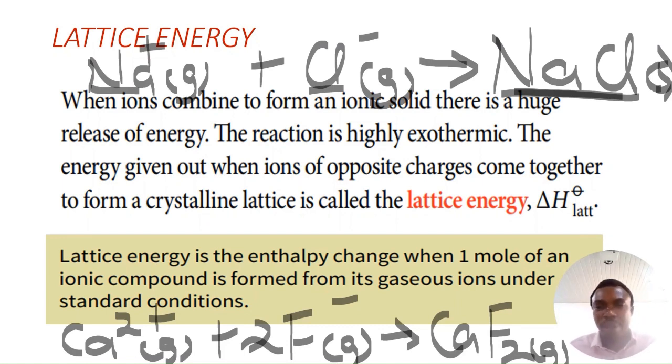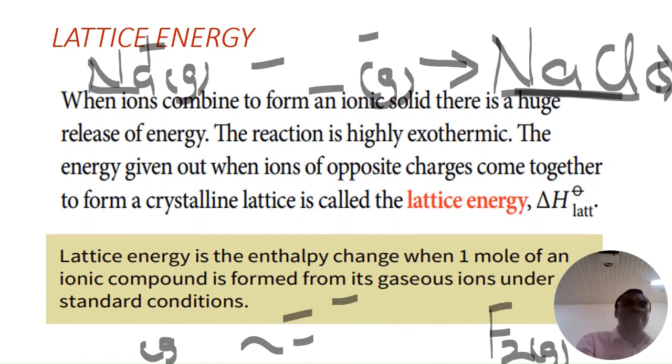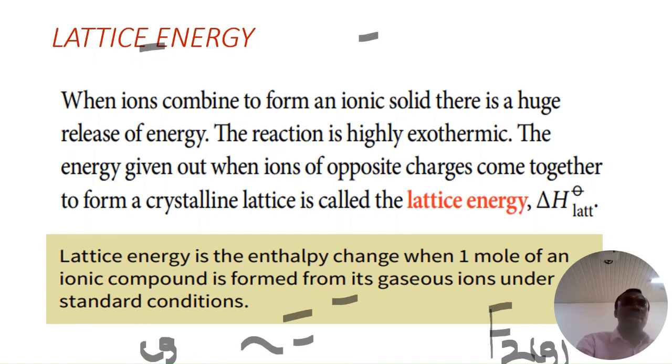During the formation of an ionic compound, energy is released to the surrounding environment. So the reaction is exothermic, and a large amount of energy is released. So that's about the lattice energy.